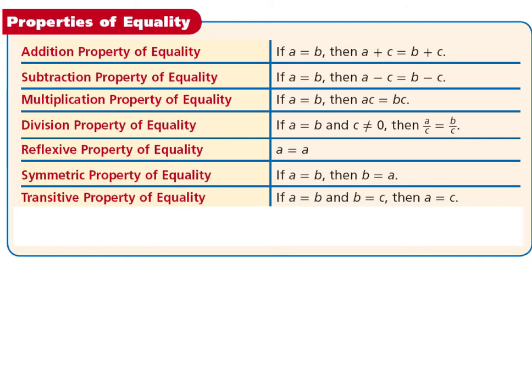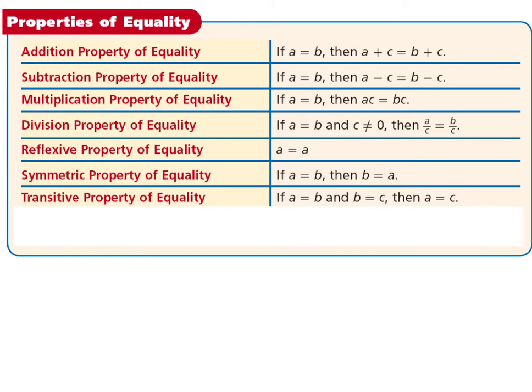Reflexive property, what's it say in the words for the reflexive property? An amount is equal to itself. And so you see the example, just A equals A. Something equals itself, that's supported by what's called the reflexive property. You might think, why would I ever need that?